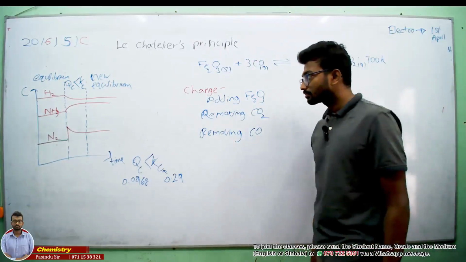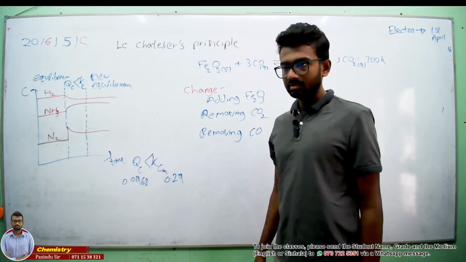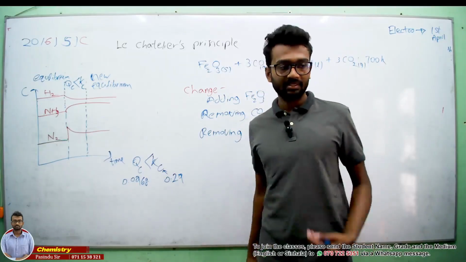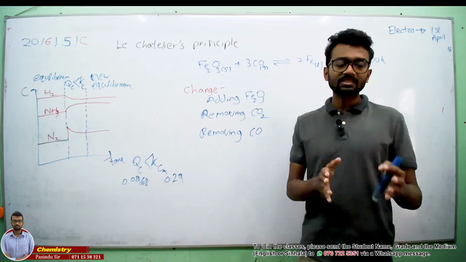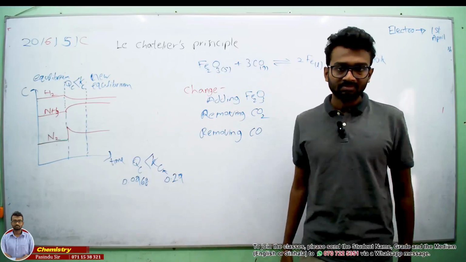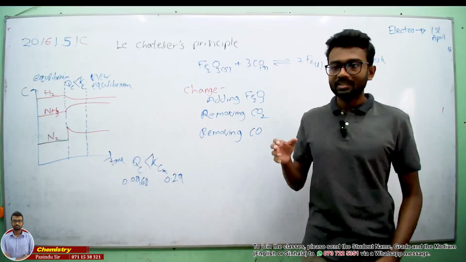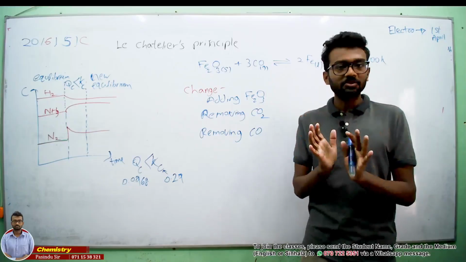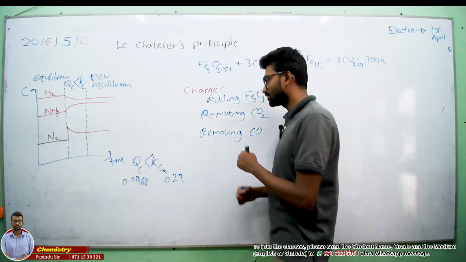Right? Why doesn't the concentration of a solid change when we increase the amount? Why doesn't its concentration change? Because it's a solid, it has its own volume, right? Can you understand it? A solid is not like a liquid.